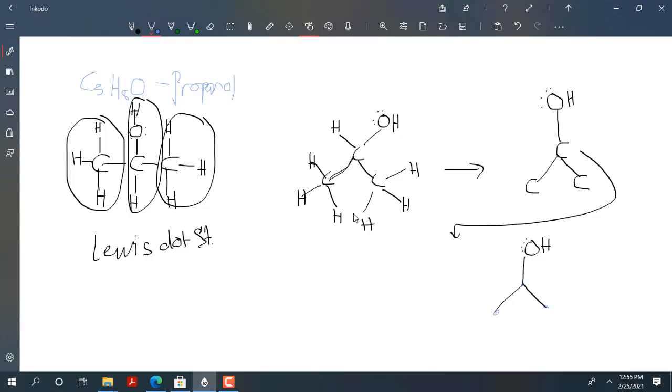If I further expand that to the Lewis dot structure, we have a carbon here, a carbon here, and a carbon here. We know that carbon has 4 valence electrons, and one is shared to the center carbon.